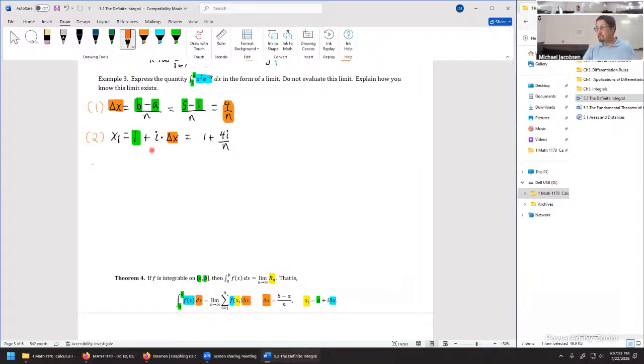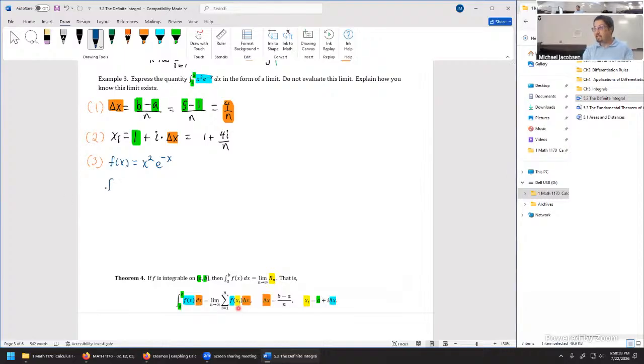Once we have that, it takes us to step 3. We know what the integrand f of x is. f of x in our problem is x squared e to the power negative x. But when we're writing this out in the form of a limit, the instructions imply we'll say what that really is in our context.